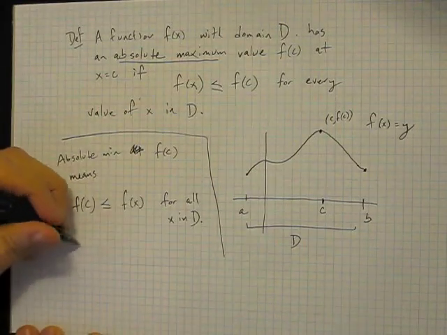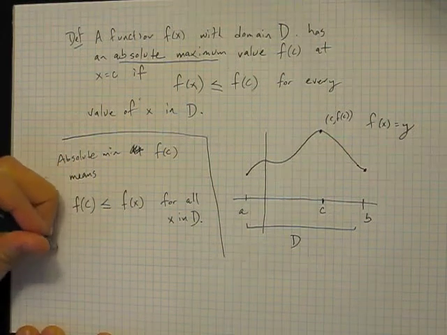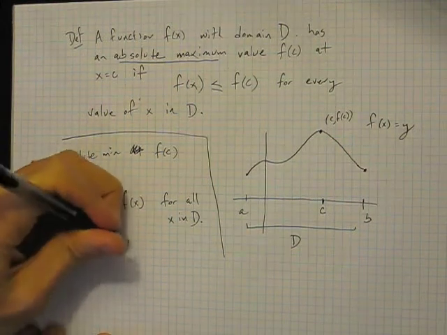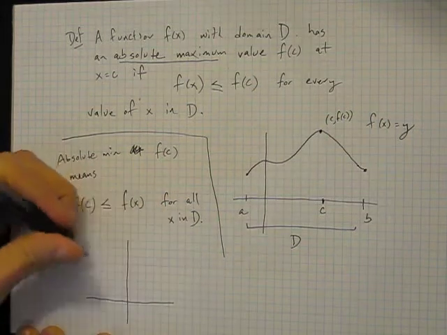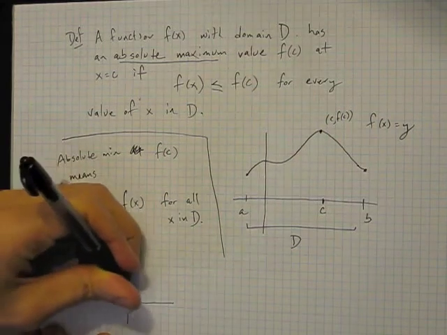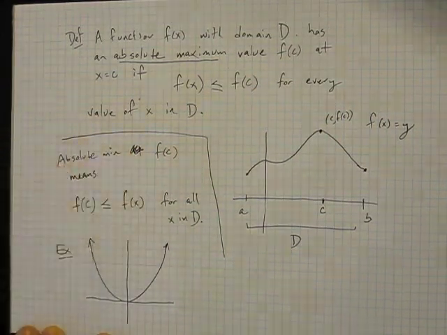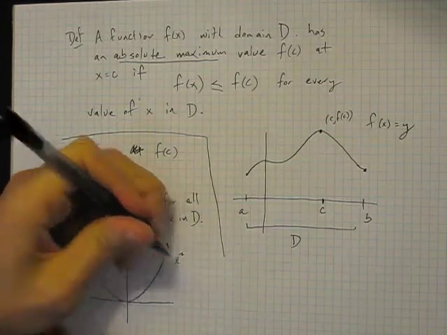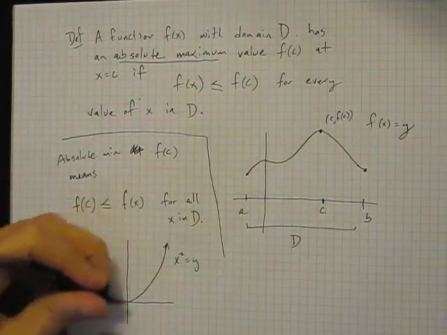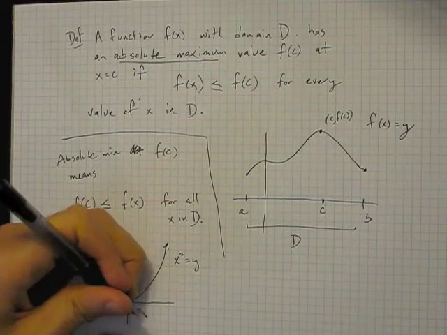So we could draw a similar picture here. In our last example, we had the graph of y equals x squared. This was an absolute min.